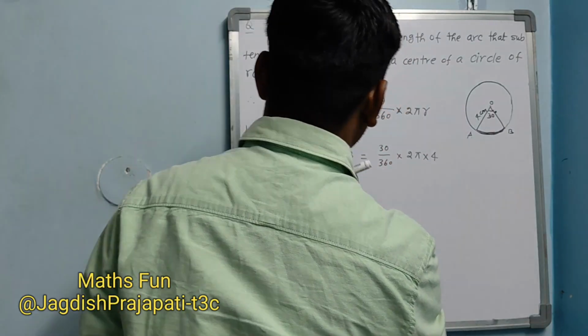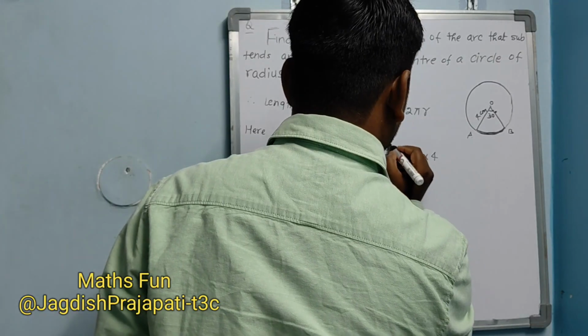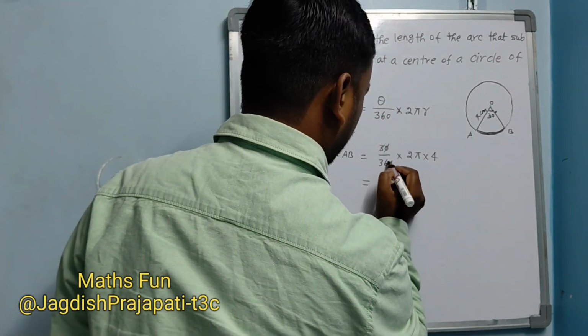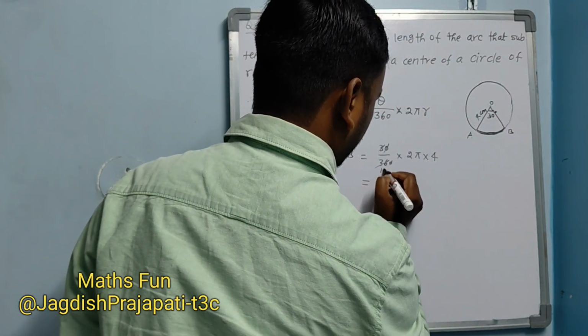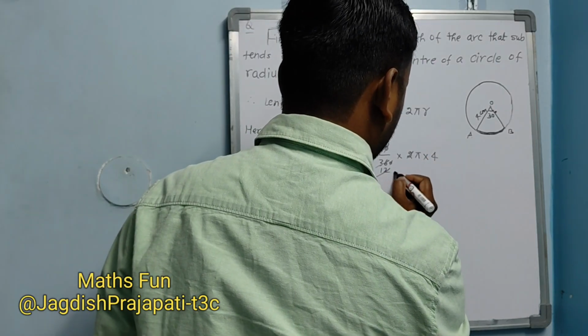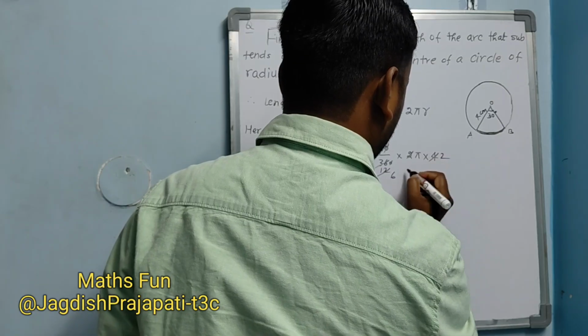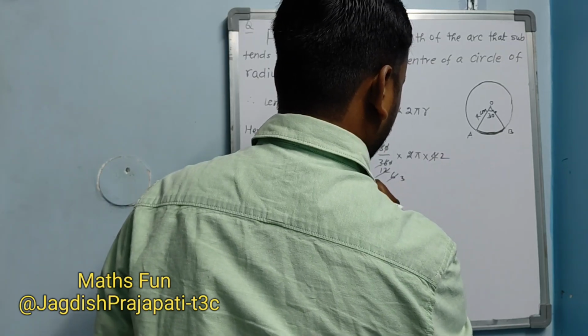is 4 centimeters. So this will be, 3 ones are 3, 3 twos are 6, and 2 sixes are 12, so 2 twos are 4 and 2 threes are 6.